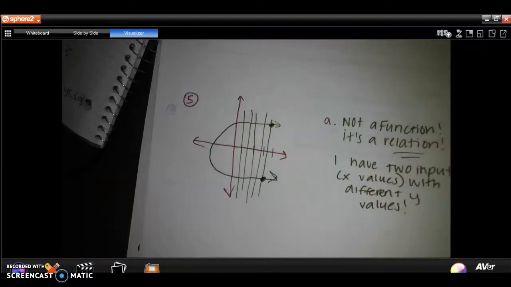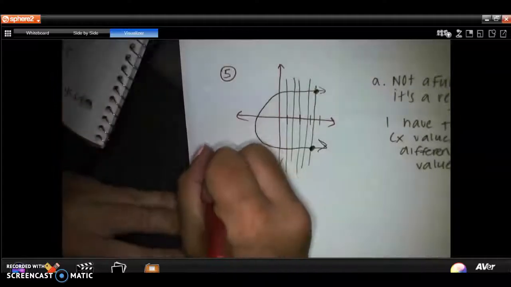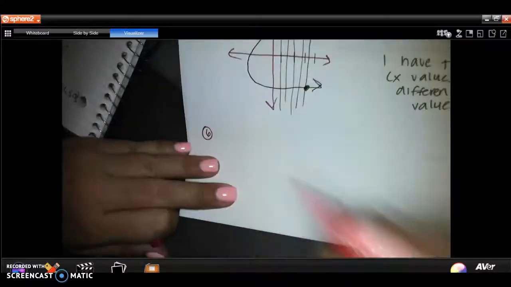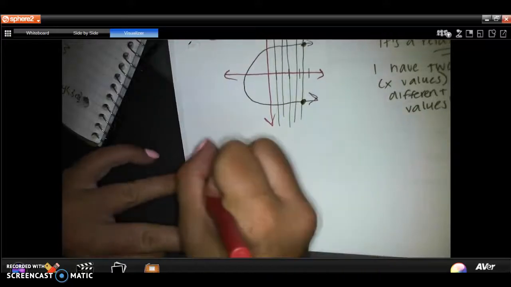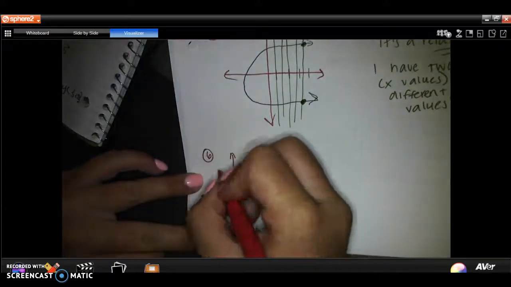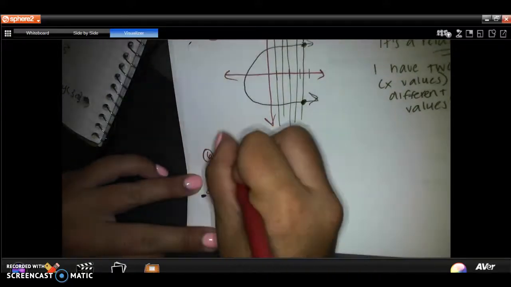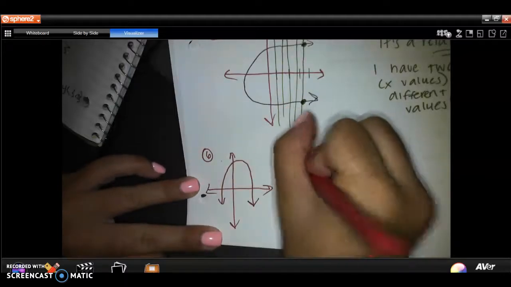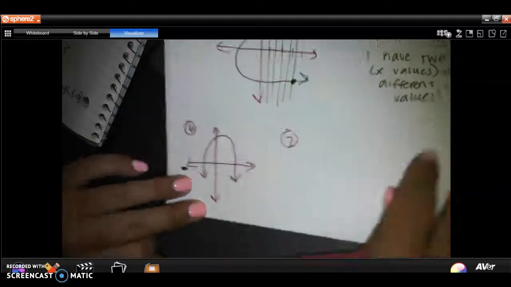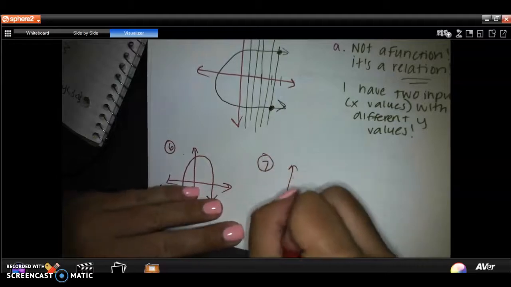I want you to go ahead and determine if the following are functions or not, and why. All right, so number 6. Here's my graph. Tell me, is this a function? Why or why not? Number 7. I want you to tell me if this is a function.